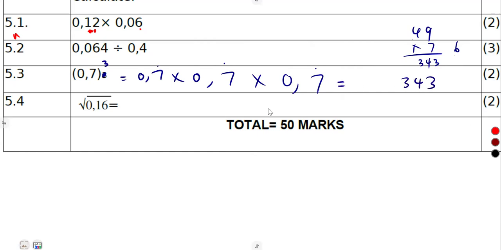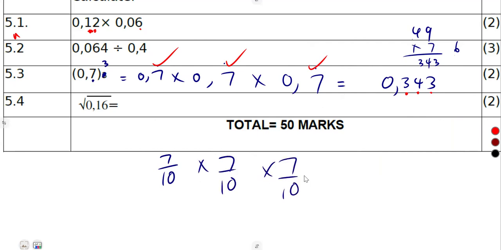Our main decimal places are 1, 2, 3. So those are the decimal places. So it's going to be 0,343. All right. We must have 3 decimal places after the comma. Or change this 7 over what? 7 over 10 times 7 over 10 times 7 over 10. That is what it means.